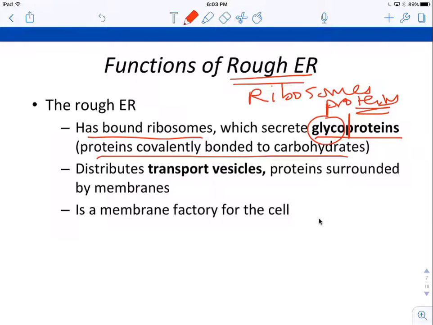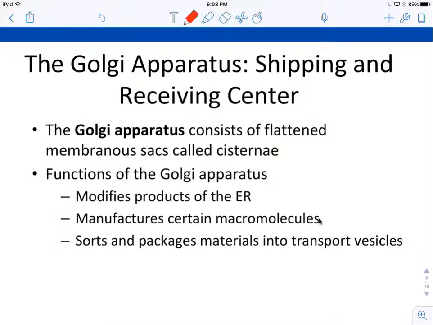It then takes those glycoproteins and distributes them in transport vesicles. The protein is inside, surrounded by a little membrane, and that also gets moved around. Because of moving membranes around, it's a membrane factory for the cell. It can also make membrane and distribute it throughout the cell. We're going to put all this together at the end.